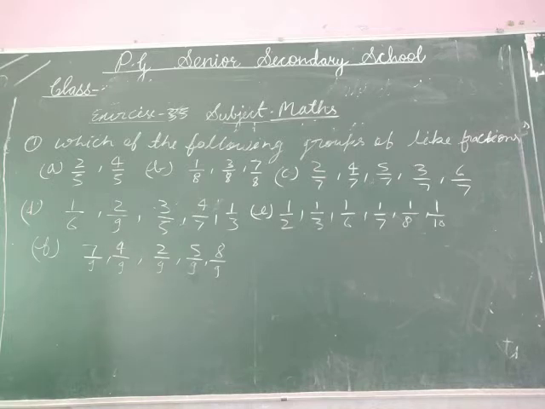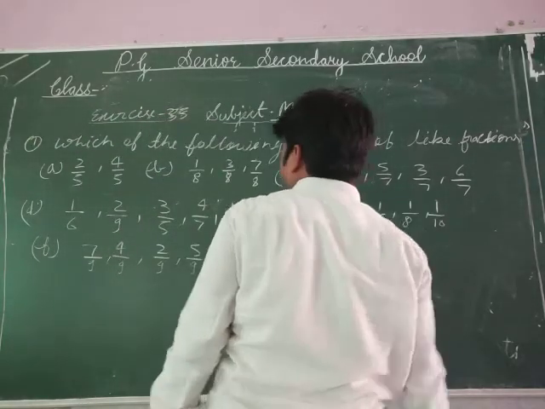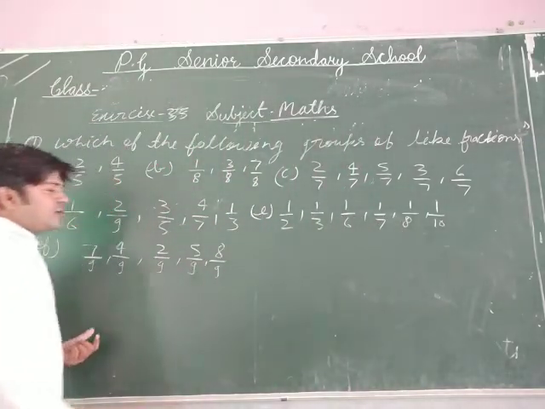A, B, C, F: A is a like fraction and B is a like fraction and C is also a like fraction and F is also a like fraction.